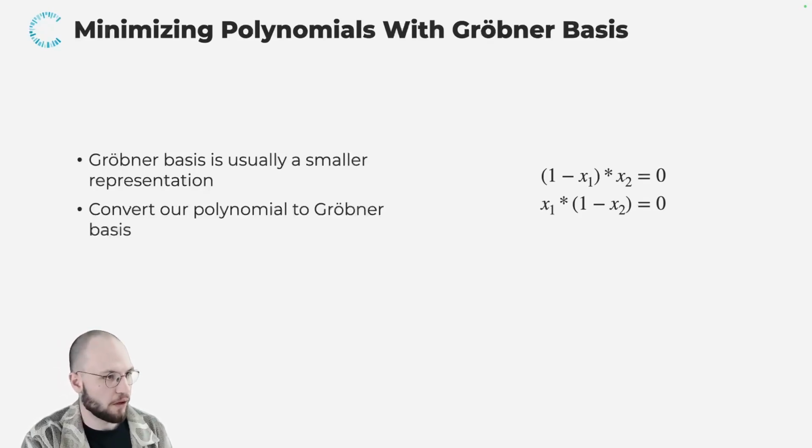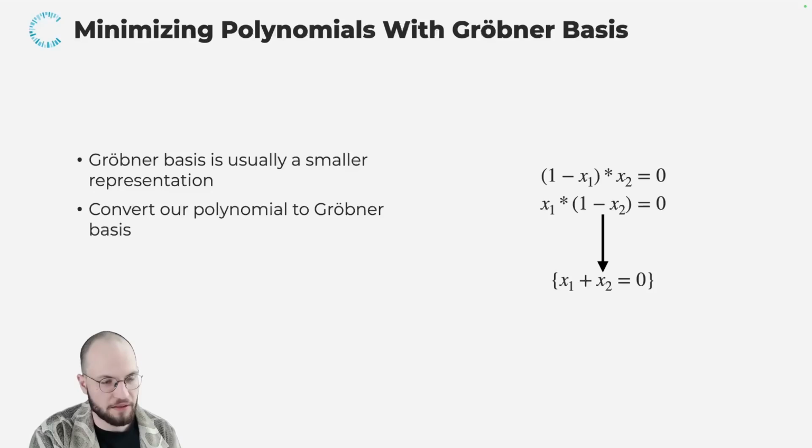And by converting our polynomial to a Gröbner basis, which is computationally very feasible for the size of inputs that we are treating, we get a small representation. This is not always the case, but in our experiments it heuristically proved very, very useful.